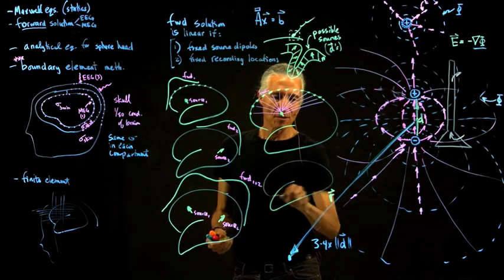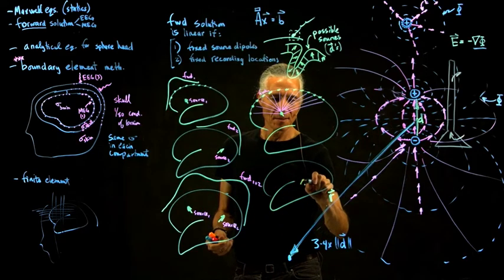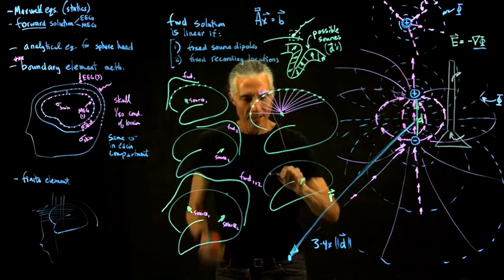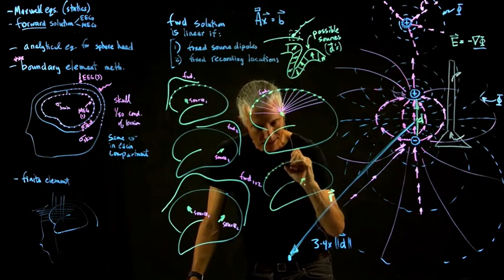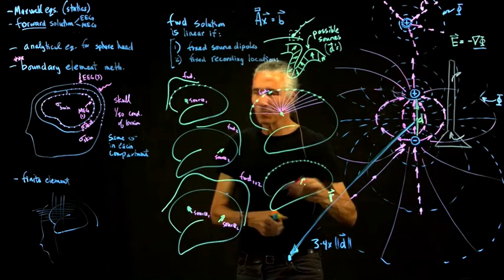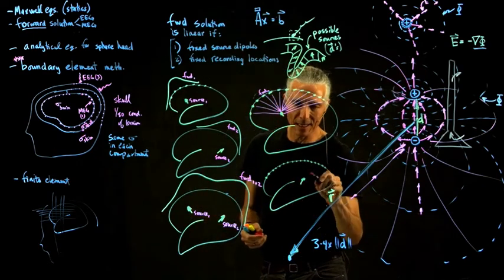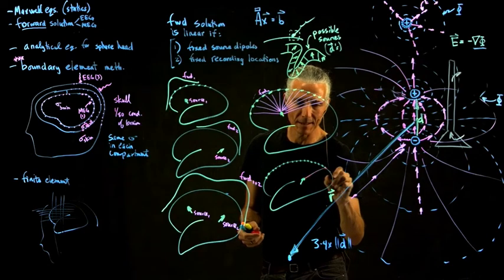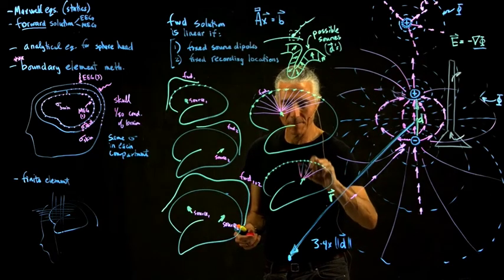Then we do the same thing for the next source. Here's another source over here, and we calculate the forward solution for all these. We don't have to deal with any kind of combination because it's linear. That's the beauty of the linear part.